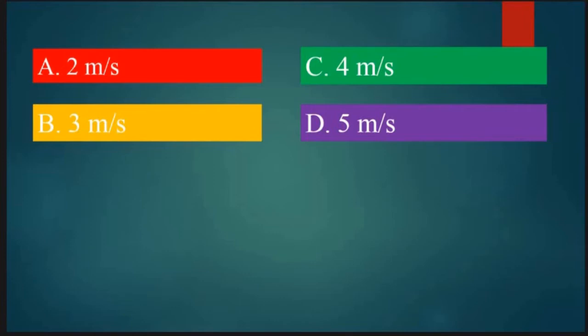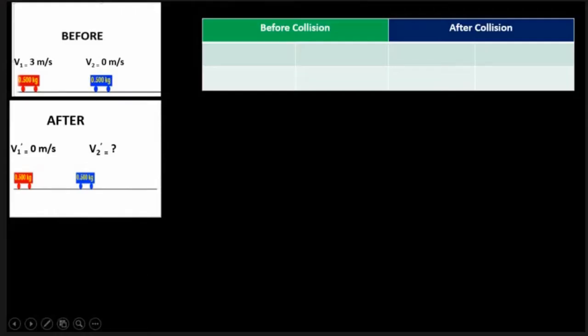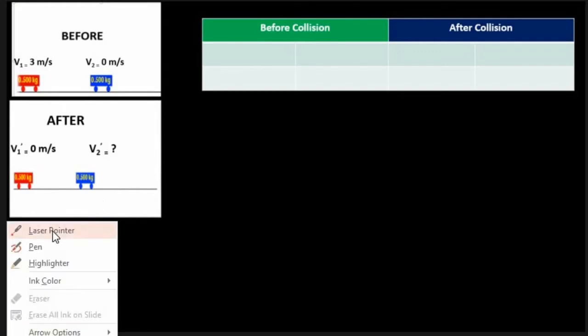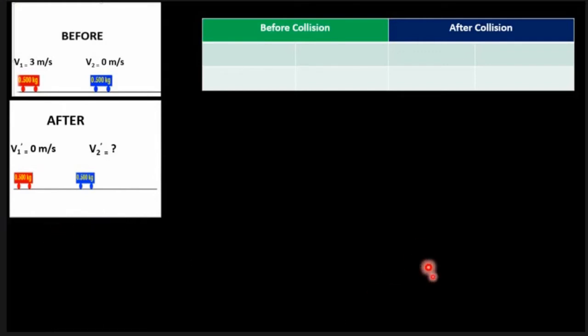These are the choices for problem number 1. In order to solve this problem, first you have to draw a diagram just like this. Then create a table like this with the corresponding givens and the variables being asked. We'll have 1 as red and 2 as blue.